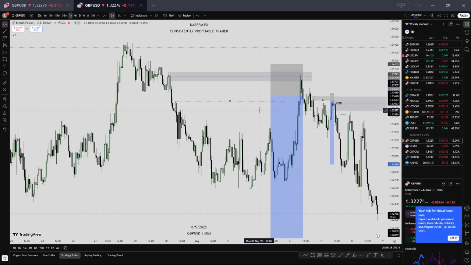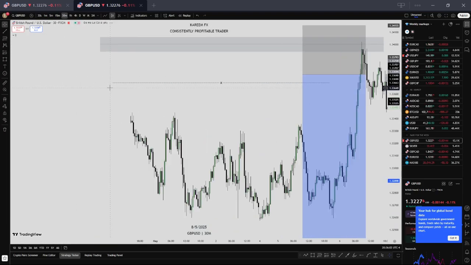Price is going back for liquidity to break these equals over here, and then the very last order block that caused this whole movement was these consecutive green candles over here. So I marked this whole area out as the order block that price should be going back to.